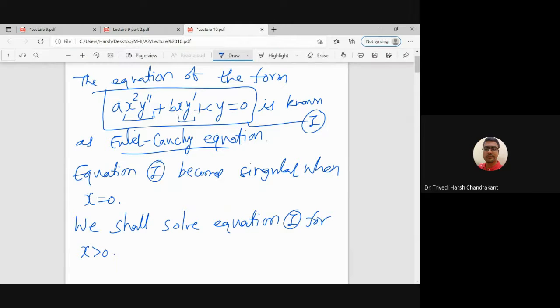We are looking for the solution y(x) of equation 1 when x is greater than 0. That means our solution is defined on the positive real axis. And then if we want to solve this differential equation for the negative real axis, then we'll substitute x equals minus t. So we'll get the solution for the negative x-axis.